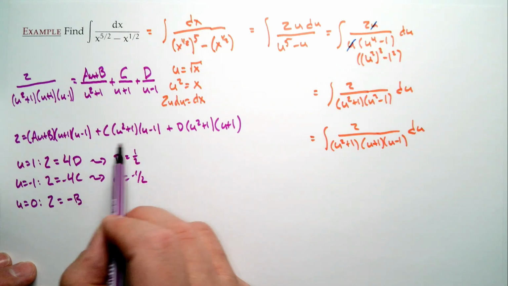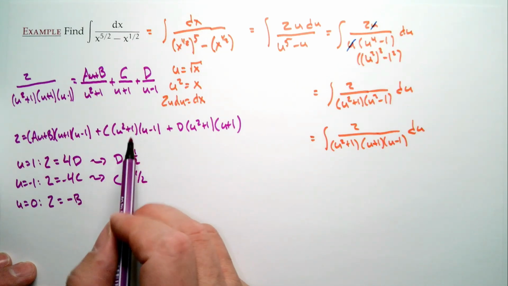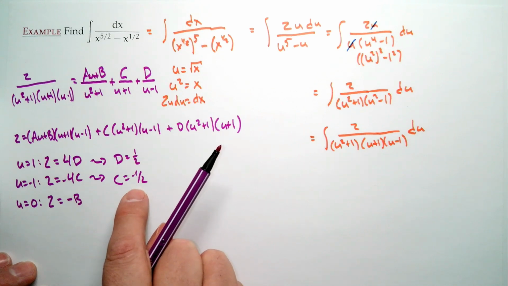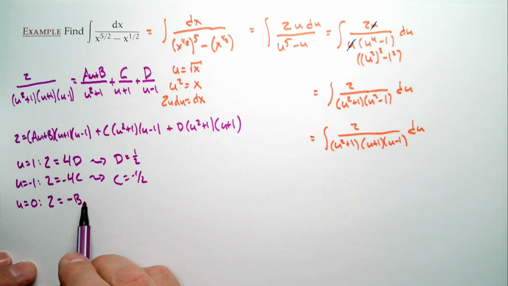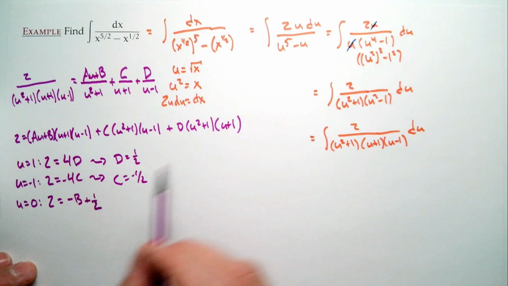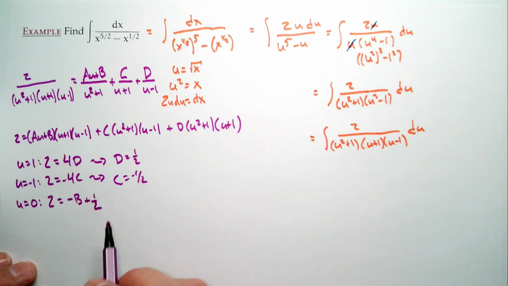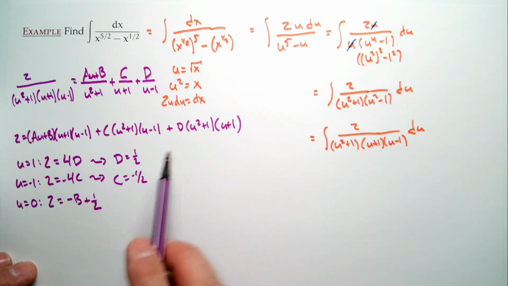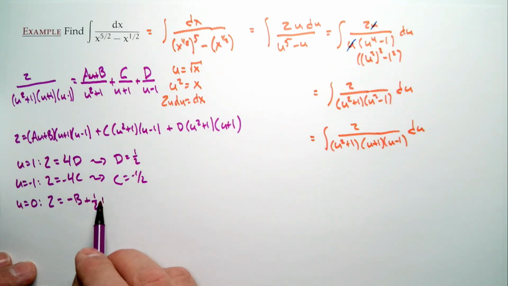Negative c. But what do we know about c? It's negative a half. So negative c will be plus a half. For the last part, what will we get? We'll get d, which is a half. So that's 1.